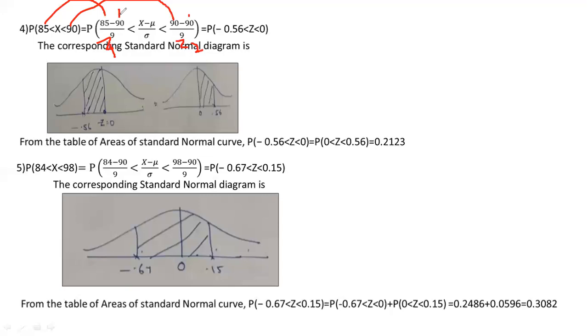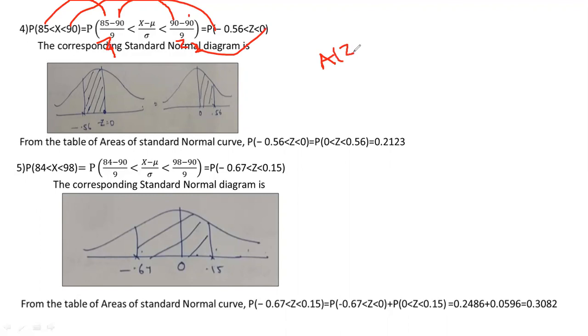So for z1 we got minus 0.56 and for z2 we got 0. So one is a negative value and the other one is 0. When you take these two, with one positive and one negative sign, the formula will be A of z1 plus A of z2.